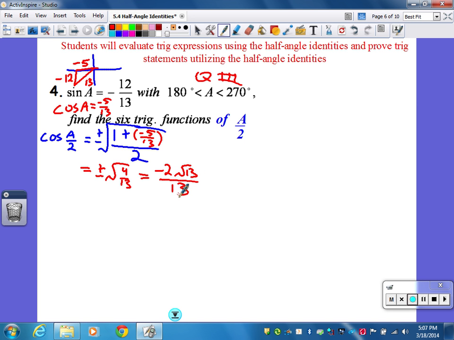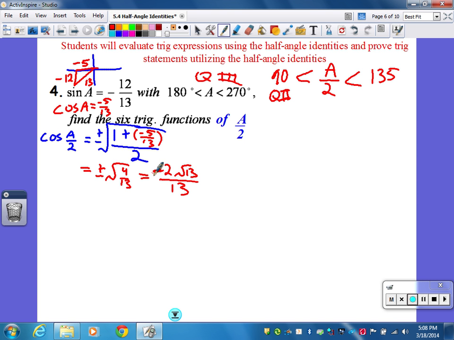Well, remember, we're looking at the half angle now, so we have A over 2. I should have done this right away. A over 2 is less than half of 270, which is 135, and more than half of 180, which is 90. So we're in quadrant 2, and since we're working with cosine in quadrant 2, it should be negative.